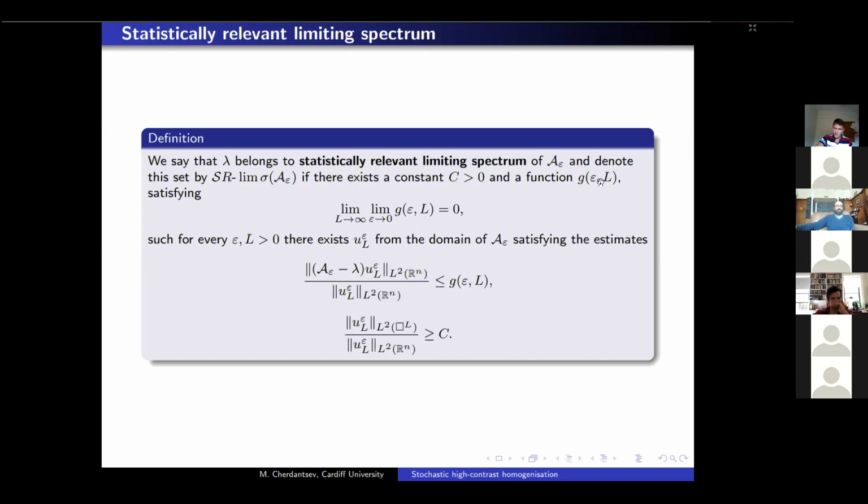It's a function of epsilon and L, and this double limit equals 0, such that for each L there exists a sequence u_{L,epsilon} of functions that solve the spectral problem approximately, some kind of Weyl-type sequence with the error that is controlled by this function g, and that it doesn't run away to infinity, so it doesn't disappear from the cube that is centered at the origin. So there is energy that stays inside this cube.